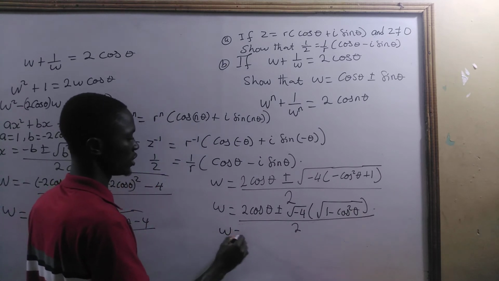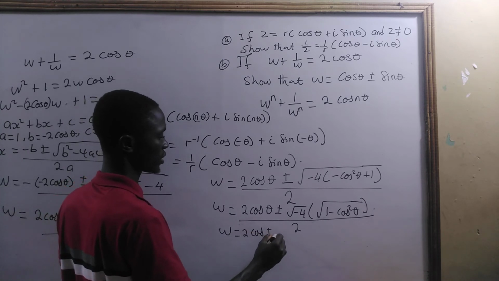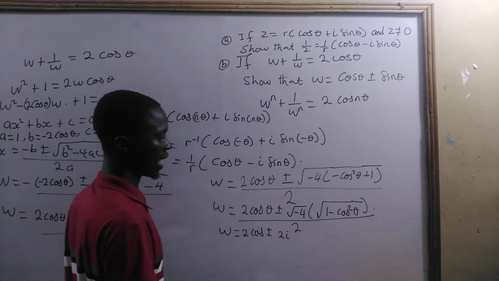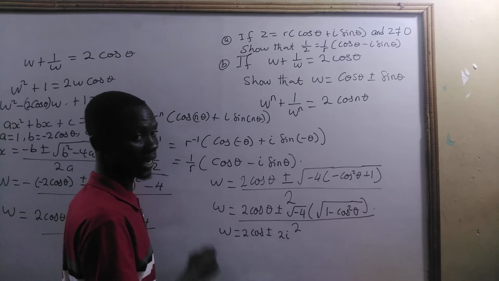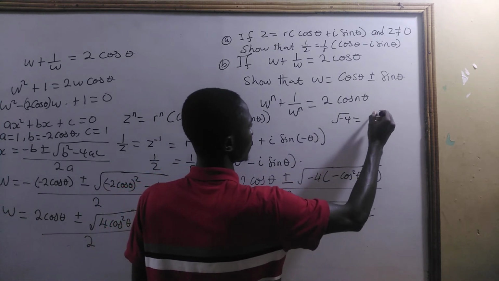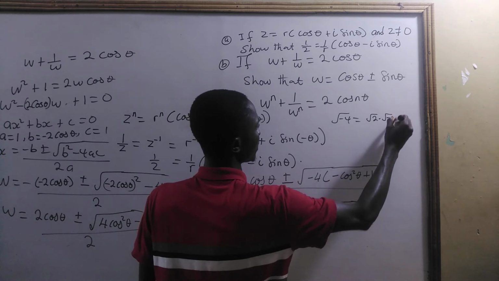And then w will be equal to 2 times cosine of theta plus or minus 2i. The square root of minus 4 is equal to the square root of 4 times the square root of negative 1.